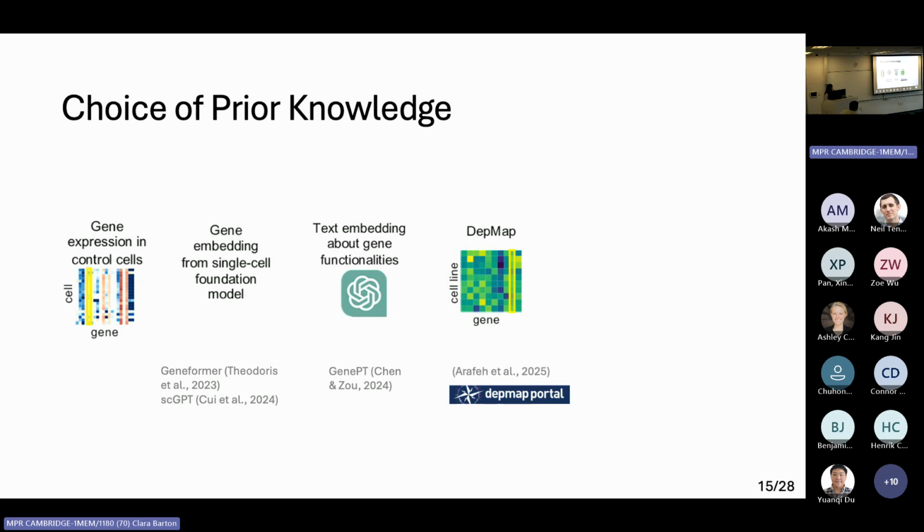In this paper, GPT provided different options: you can input NCBI descriptions or GeneCards descriptions about the genes into the language model, and then get the embedding from the second to last layer or something like that, which summarizes prior literature information about those genes that the model has been trained on. So that's the third option.